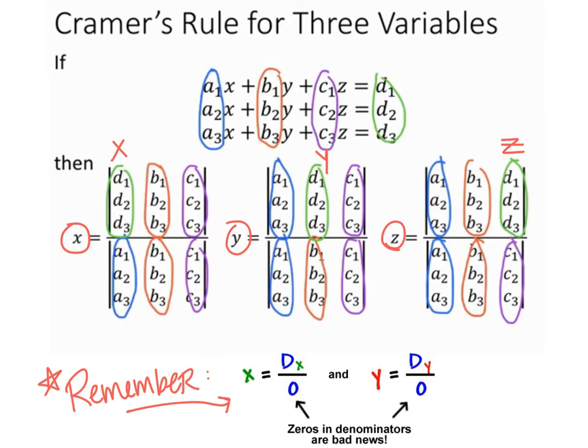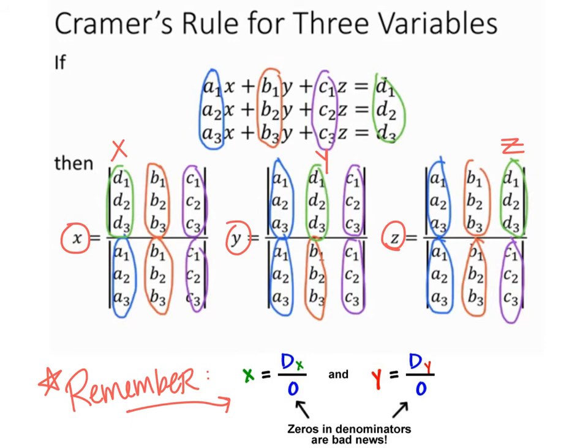Because it's a 3x3, it's going to be in 3D space, so it's going to have an x, a y, and a z coordinate. Now remember that we cannot have a 0 in our denominator, or a 0 determinant of our coefficient matrix. If that happens, then we have no solution or infinite solutions for that system. So Cramer's rule doesn't work there, just like in the 2x2.